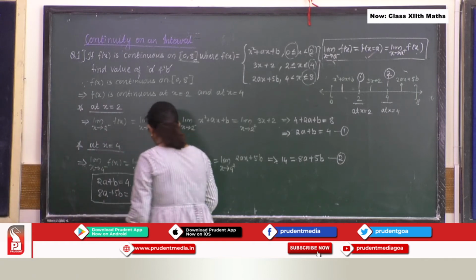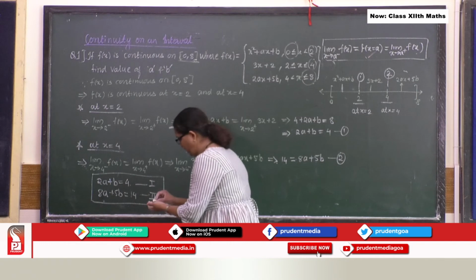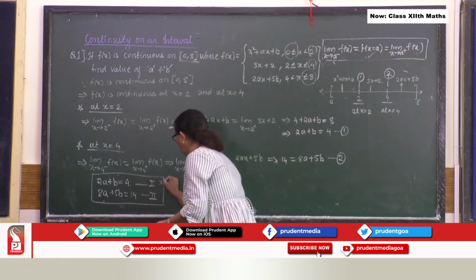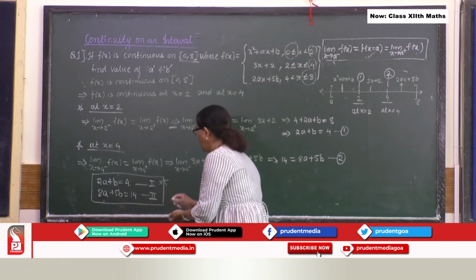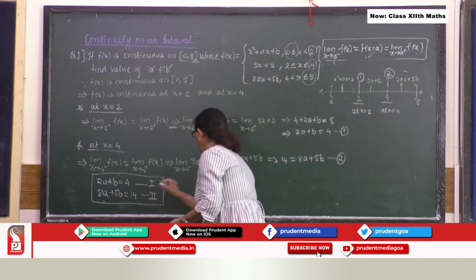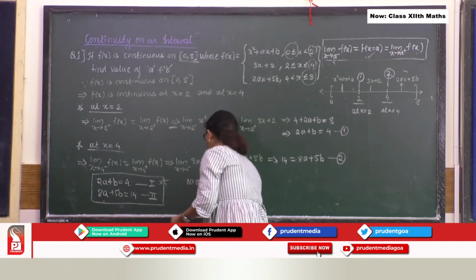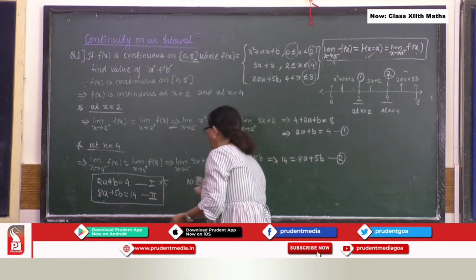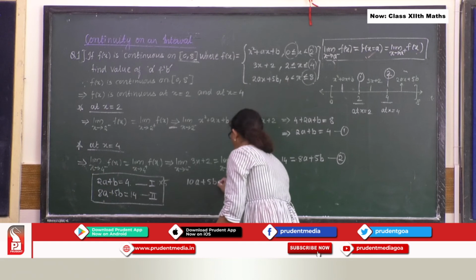I can multiply equation 1 by 5: 5 2s are 10, so 10a plus 5b equal to 5 4s are 20.